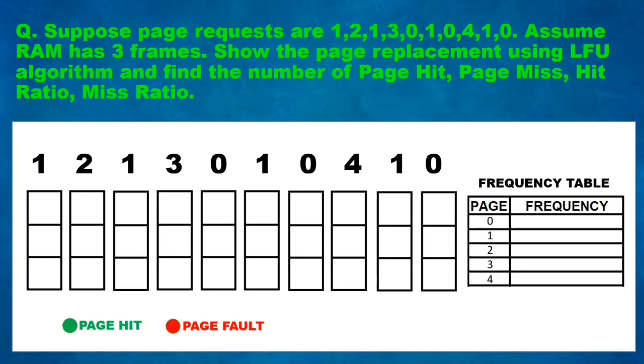Okay, so the first page request is 1 and 1 is not present inside the RAM, so it's a page fault, and the frequency of 1 is now 1. Now the page request is 2. 2 is not present inside the RAM, so it's a page fault, and now the frequency of 2 is 1.